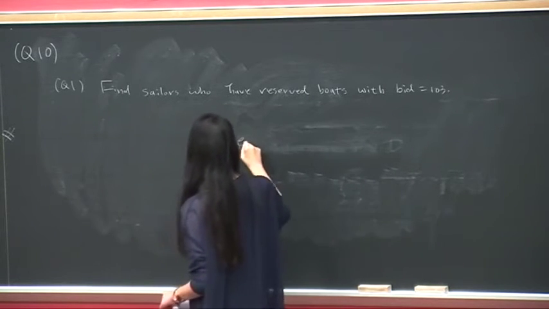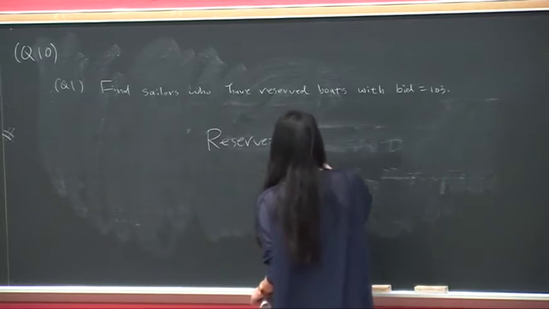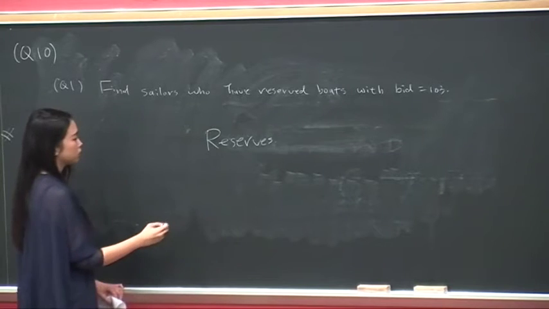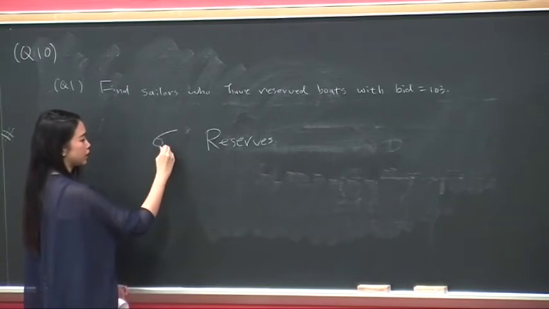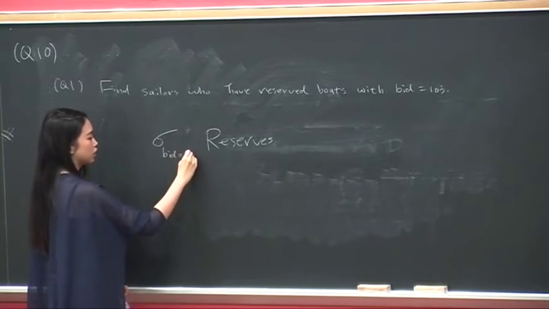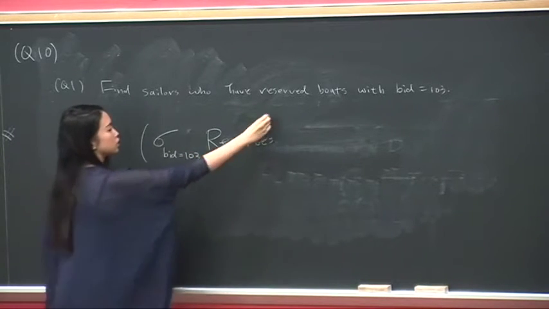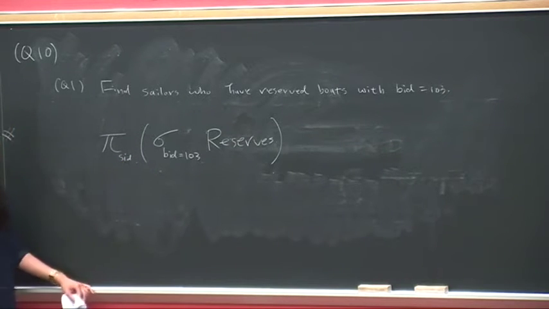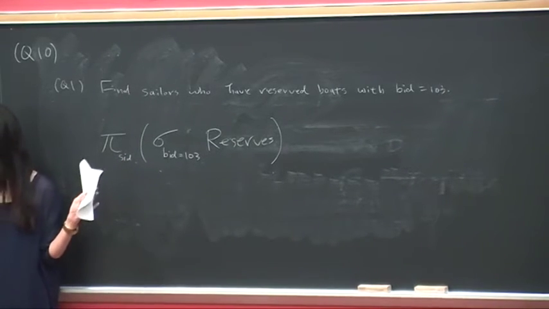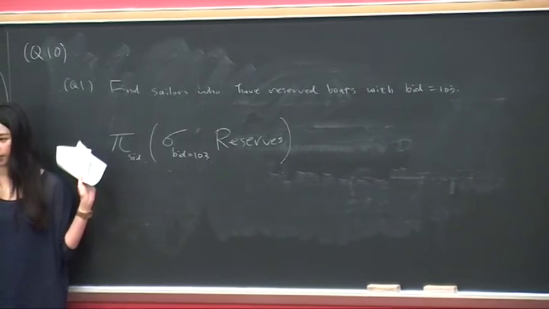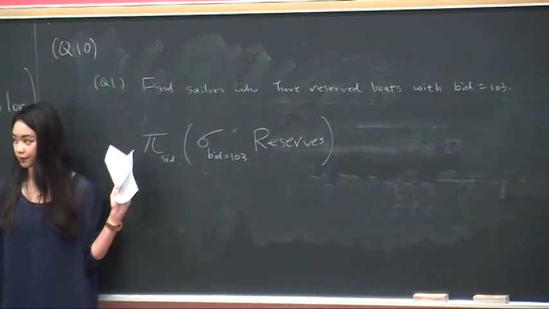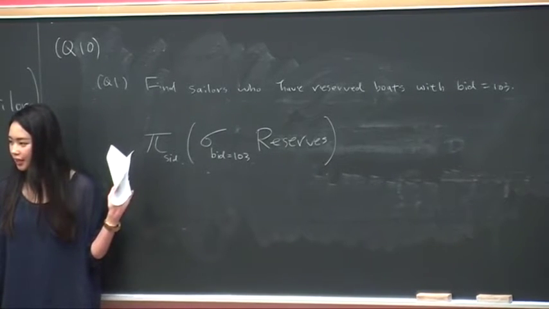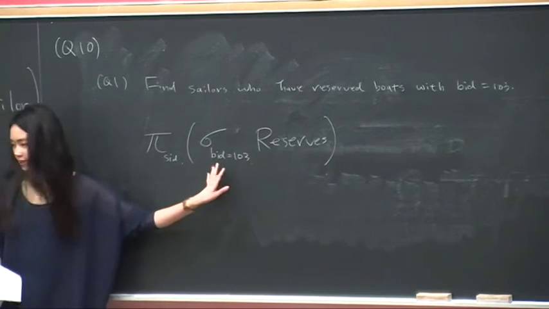So remember we take reserves, and you just simply have to select the BID where it's 103, and we just project. At that time, we didn't use division at all. Why is that? Yeah. Because what? Because this is unique.